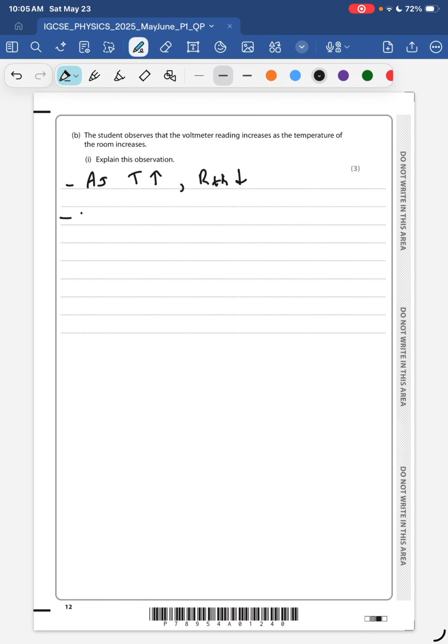So this causes the current in the circuit to increase. And why is that? Because the current is equal to the voltage that we have, which is 6 volts in this case, over the total resistance.